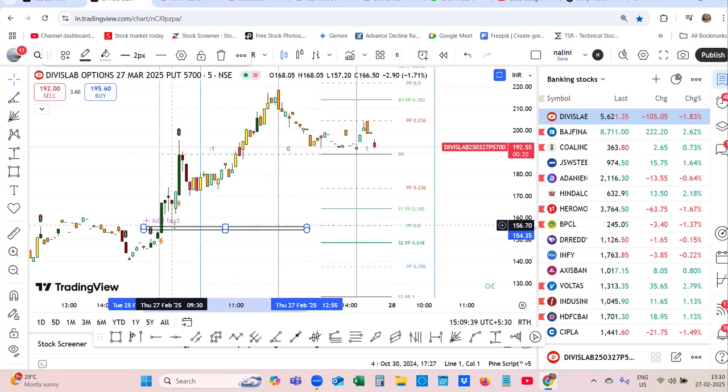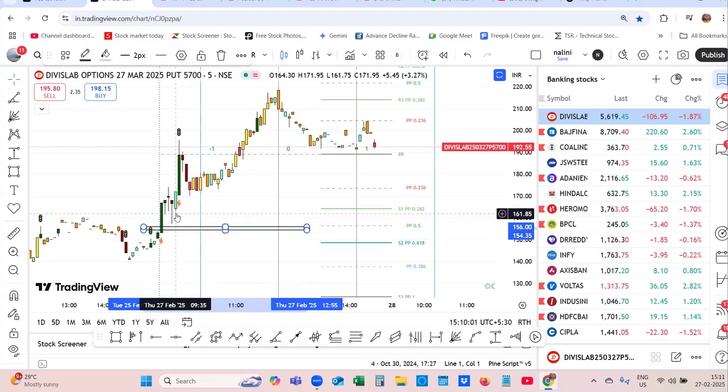The option also goes a little bit different from the underlying. You need to consider that, because these things you should have in your mind. Option varies a little bit. By constant observation, you will get hold of this.